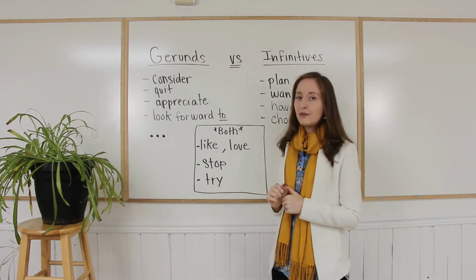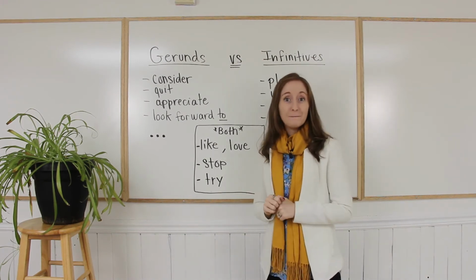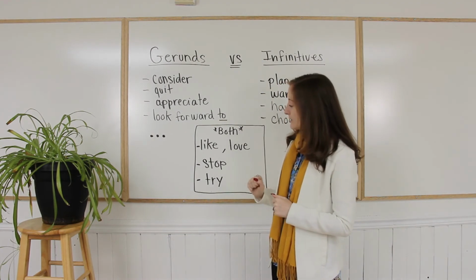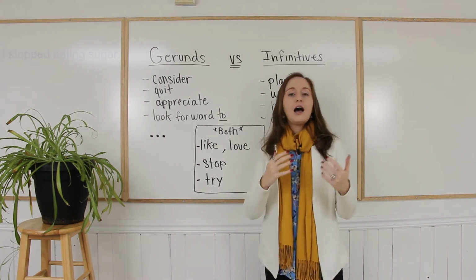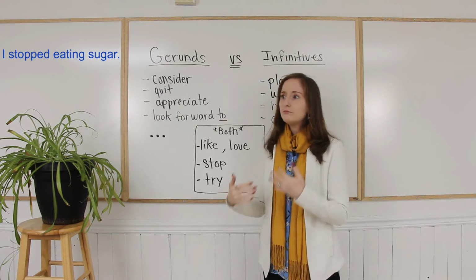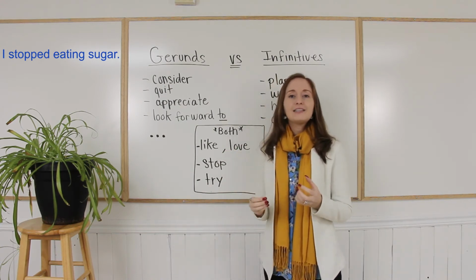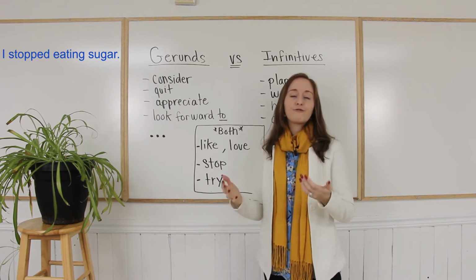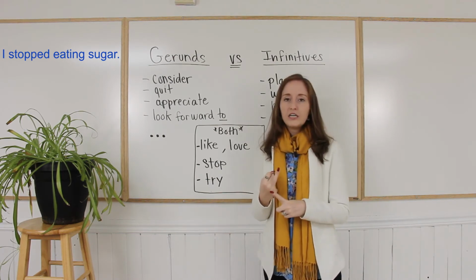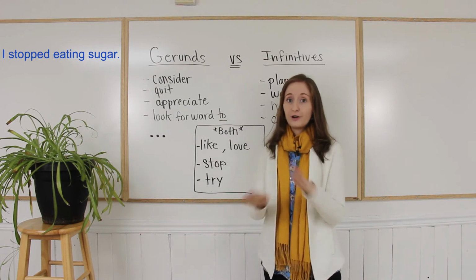For the verb stop and the verb try, there are some big differences. If I say, for example, with a gerund, I stopped eating sugar, for example. This means that I cut sugar from my diet. No more cookies, no more actual sugar, nothing.